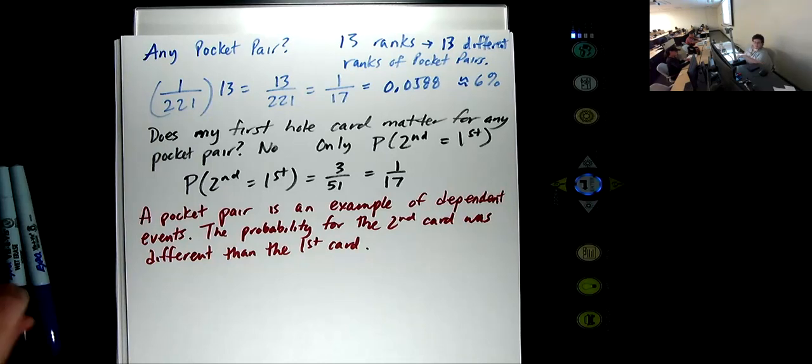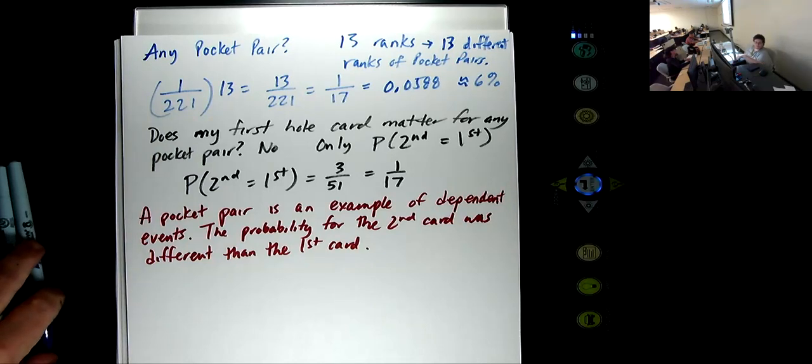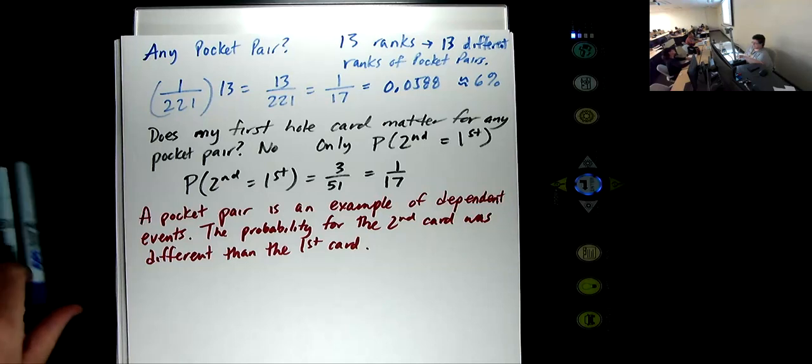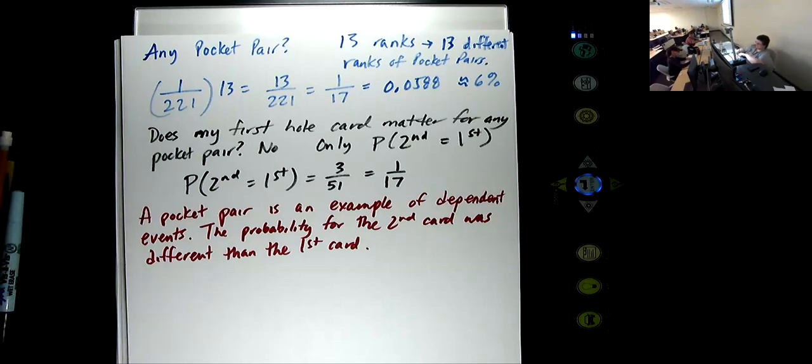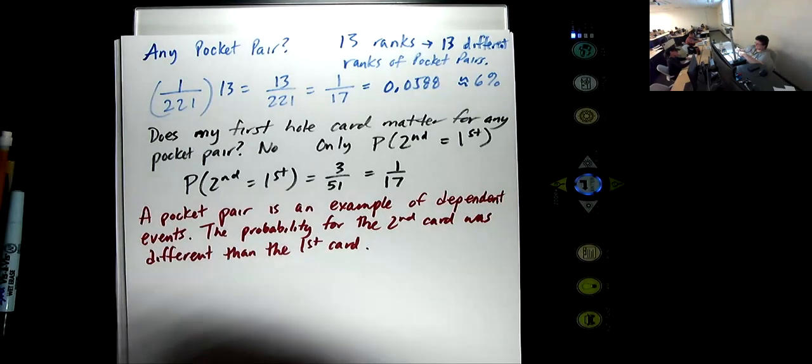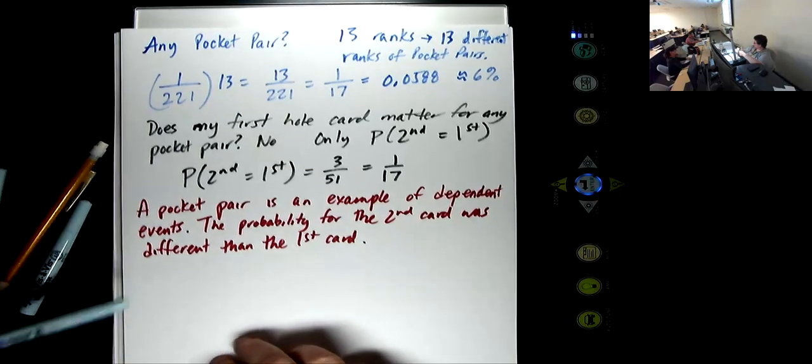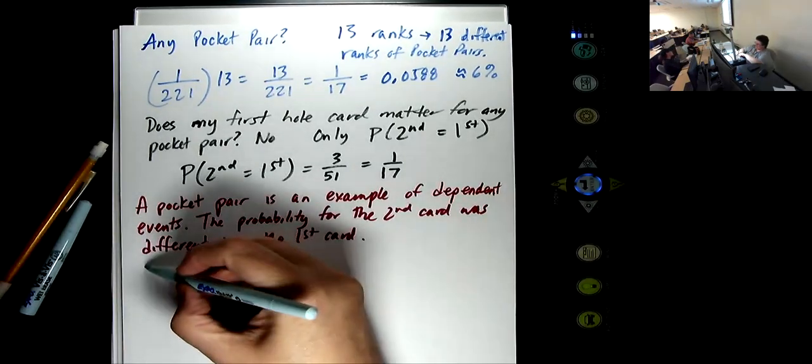This is the subject for 5.4. Five point four is on dependent events.